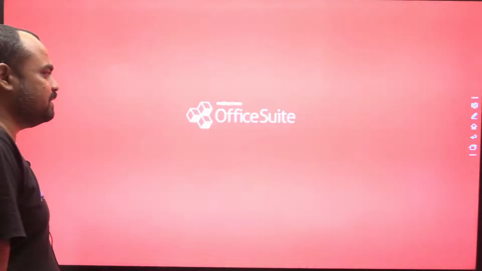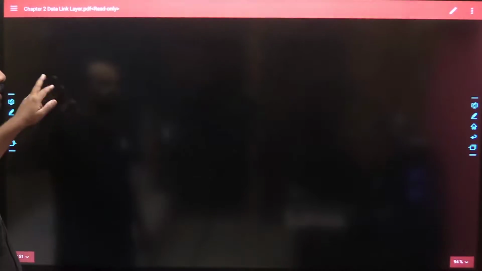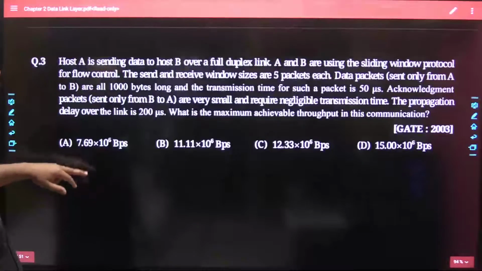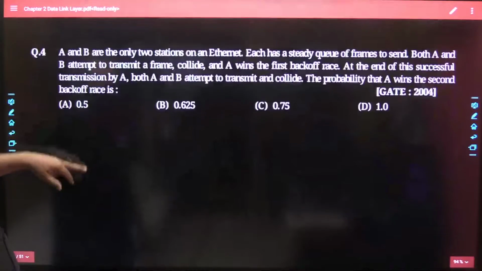Chapter 2, data link layer. Since we are dealing with the data link layer, we will look at the previous year problems of the data link layer.